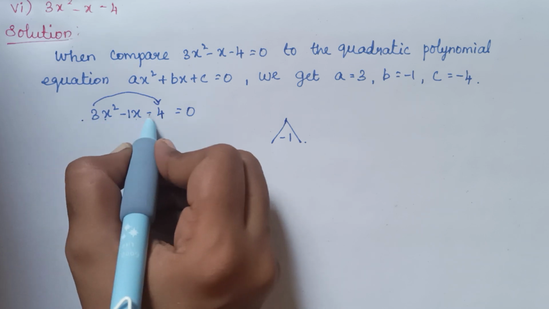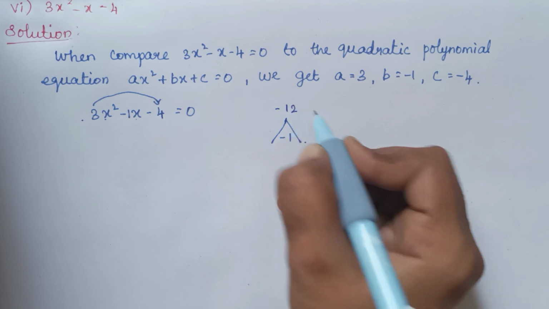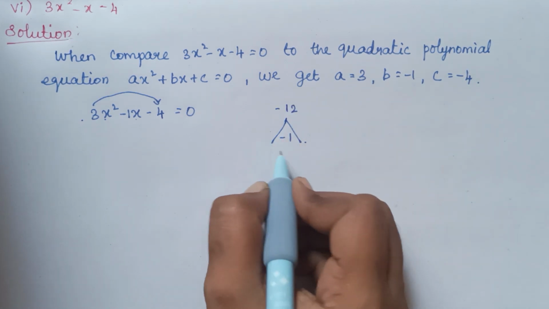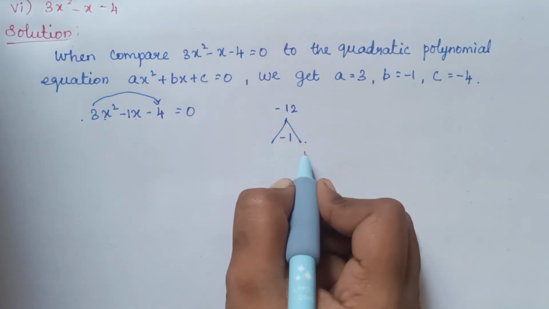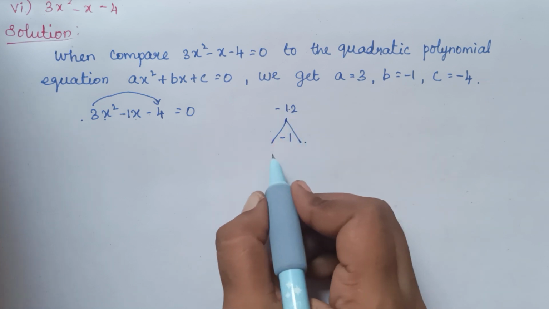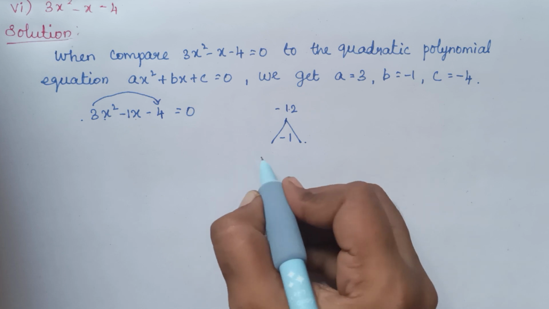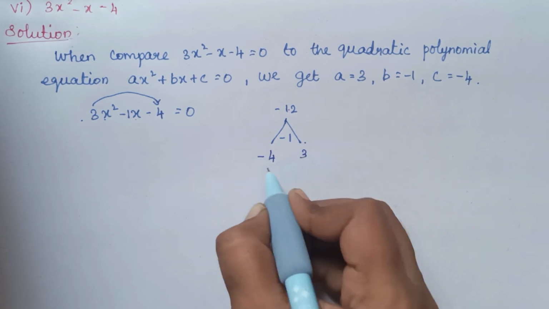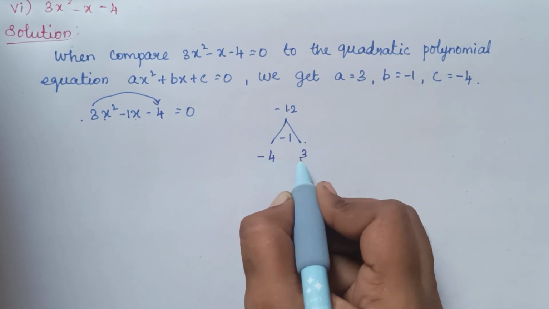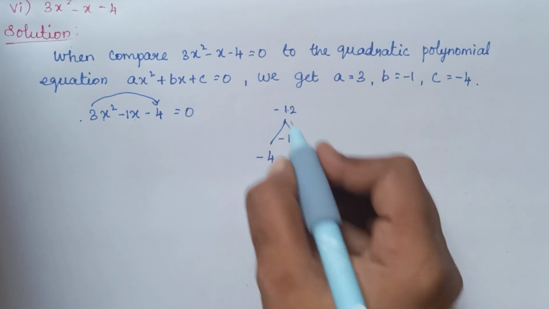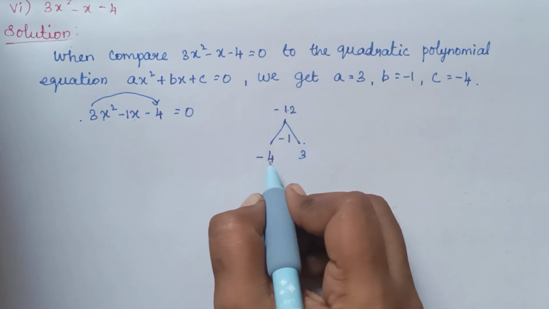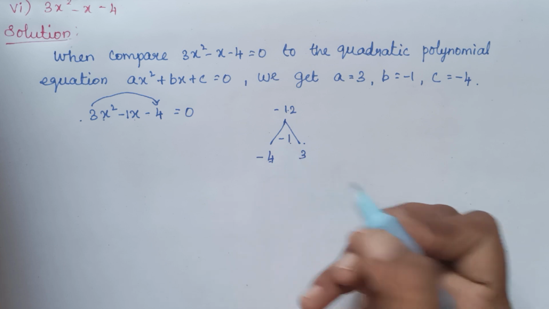Plus into minus is minus. So we mention here minus 12. Okay. So if we multiply these two numbers, we should get minus 12. If we add two numbers, we should get minus 1. So that is minus 4 and 3. So 4 plus into minus, minus 4 3s are 12. Okay. If we add minus 4 plus 3, we get the answer minus 1.